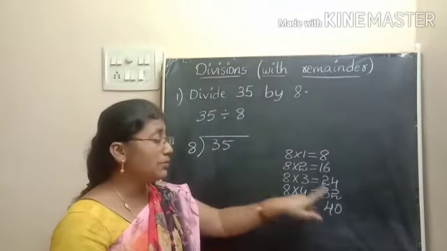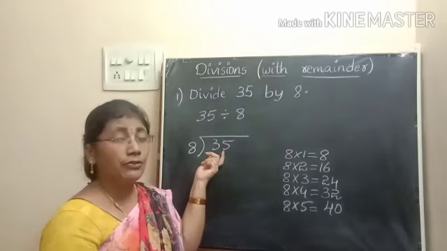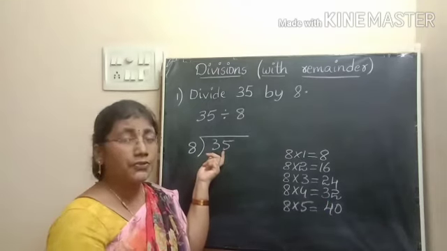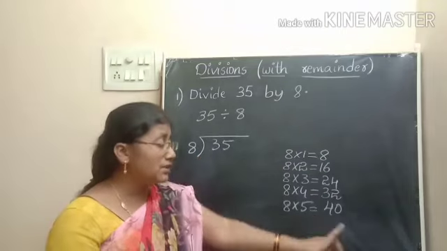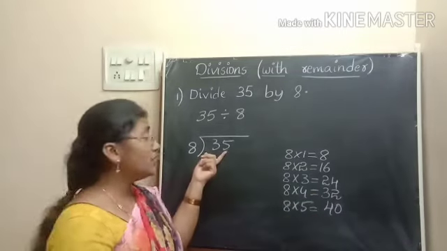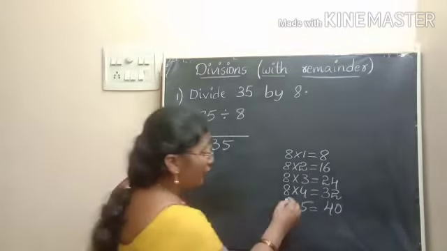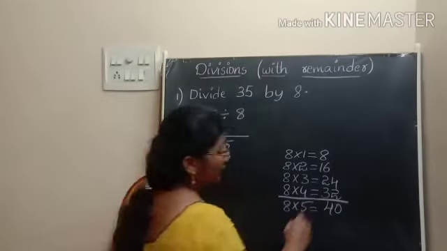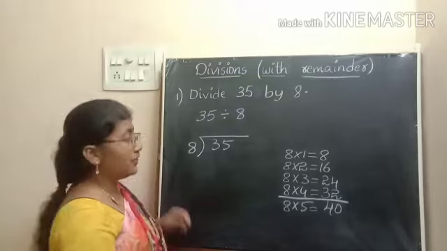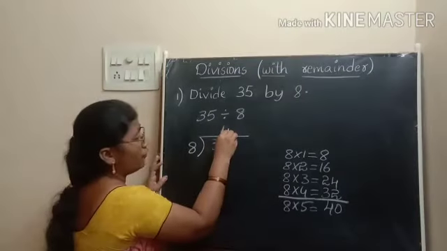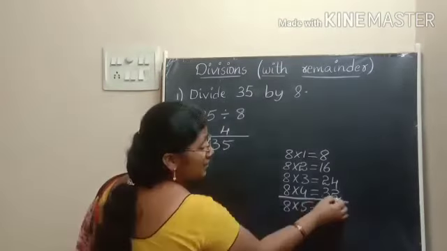Because we can subtract 32 from 35, but we can't subtract 40 from 35. That's why we should take fourth step. So write here 4 and we should write 32.